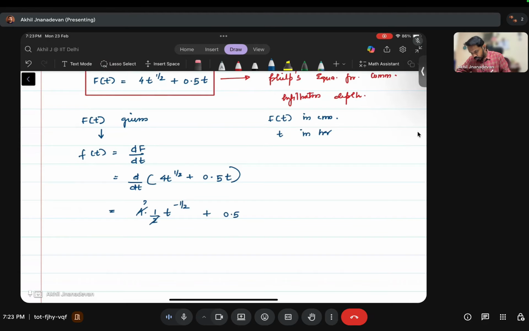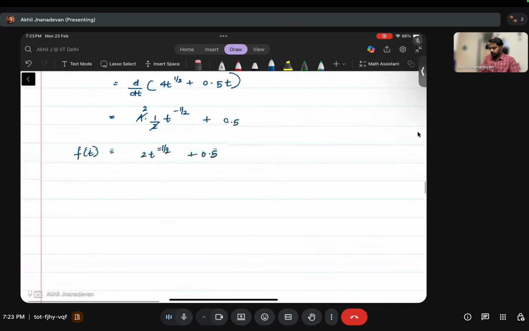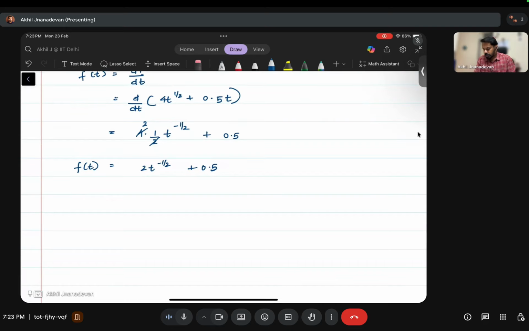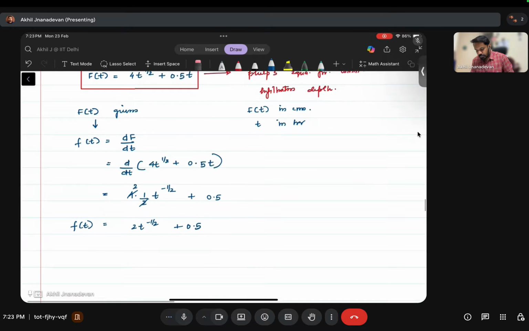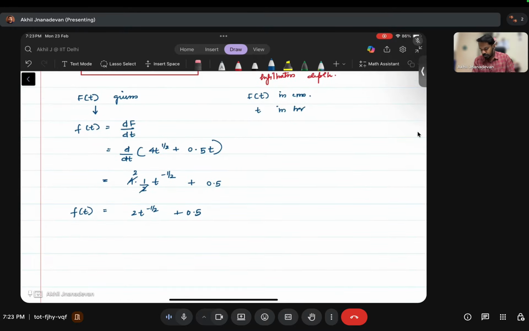This will be 2t raised to minus half plus 0.5. That is nothing but f of t at any time t. And the question already mentioned t is in hours, so we will be getting f in centimeter.